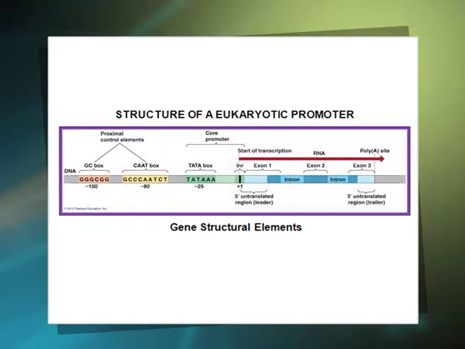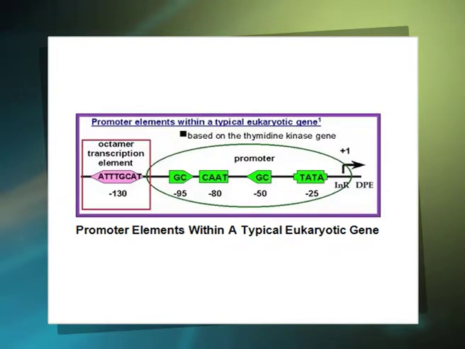The second conserved element is called the CAAT box near the minus 80 position and has the consensus sequence GGCCAATCT. Two other conserved elements, the GC box, where the consensus sequence is GGGCGG, and the octamer box, where the consensus sequence is ATTTGCAT, are often present in RNA polymerase II promoters.